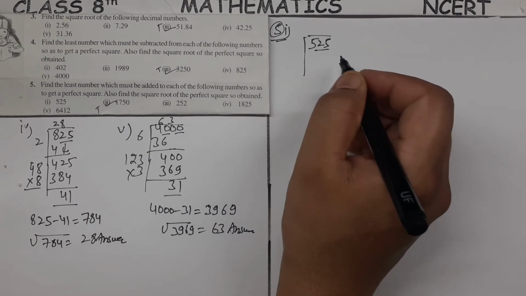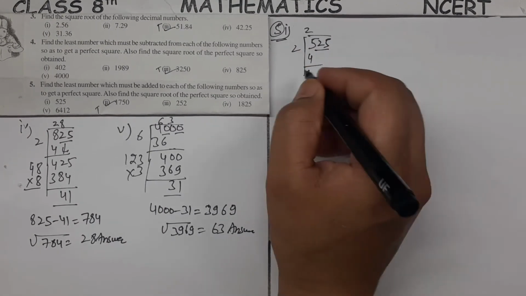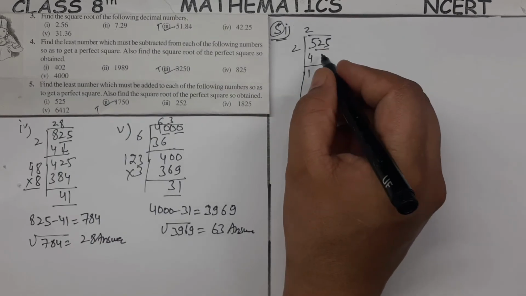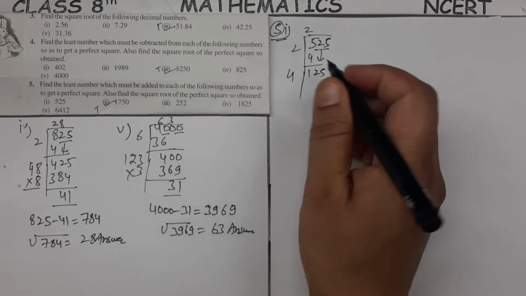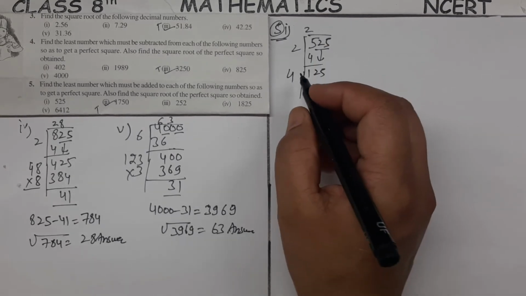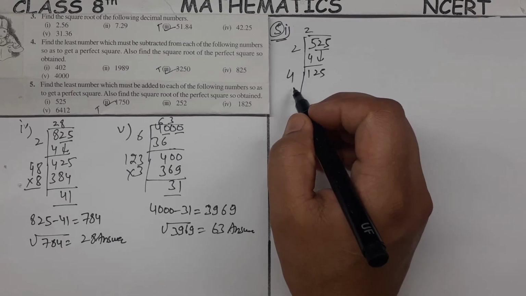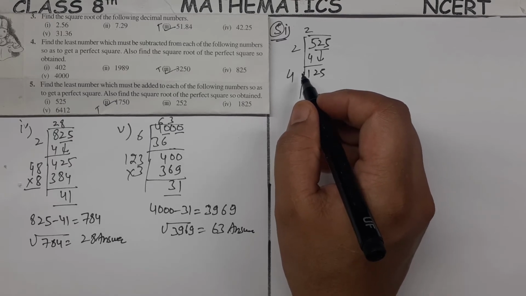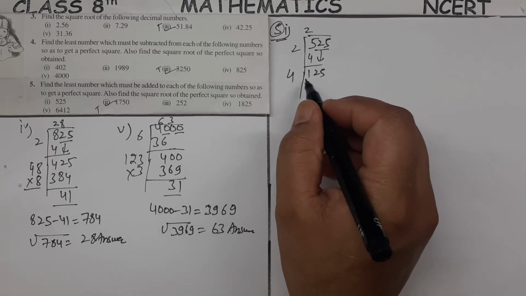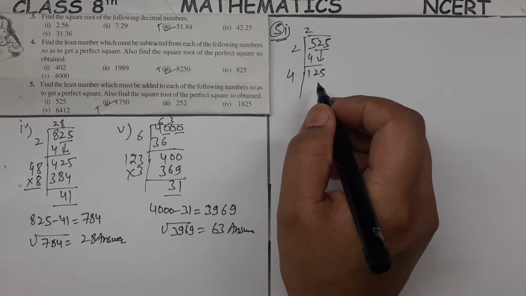Now, pair 2, 2 2s are 4. Subtract 1. Pair 25. Double of 2 is 4. If we put here 2, multiplied by 2, then after multiplication 42 by 2 we know that 84 is less than 125.